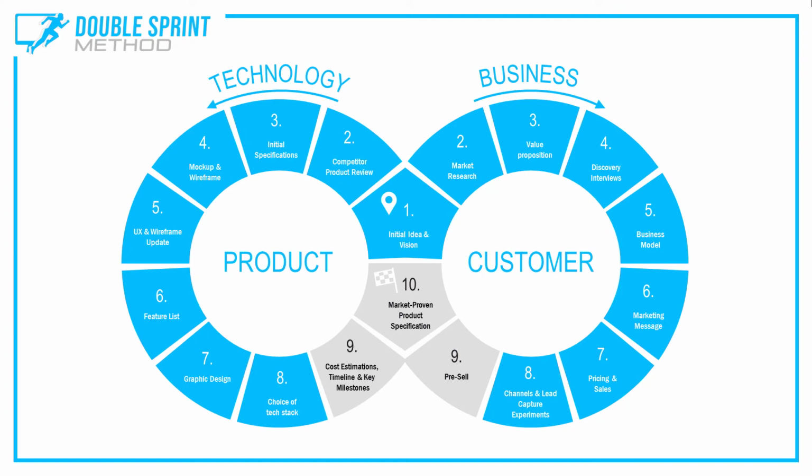Now we are getting closer to the finish line. In the business development circle, we have step 9, pre-sale, and in the tech development circle, we have cost estimations, timeline, and key milestones. In business development, pre-sale means we are trying to ask for money.